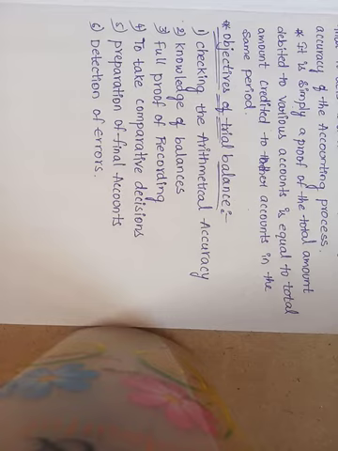It is revealed by the tallying of the trial balance. Whenever we prepare these accounts or write journal entries, we have to follow the rule of the double entry system. So that is a proof of the recording.